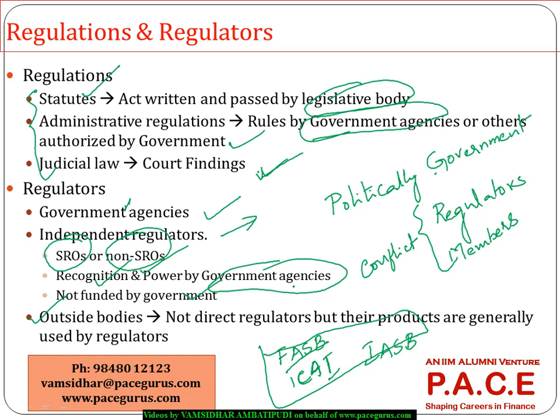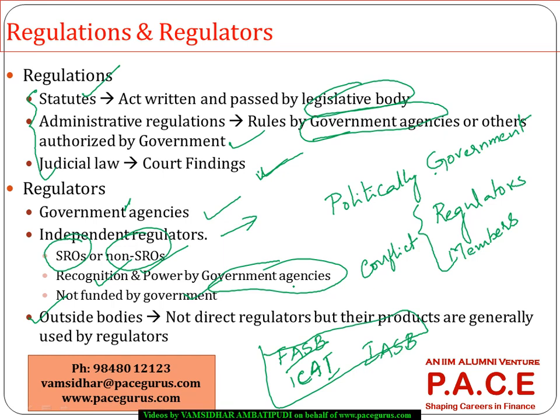Right? So the typical regulatory structure may contain some government agencies or independent regulators or outside bodies. If there are outside bodies, they just help the regulators in taking decisions by designing some policies. So they may get into the policy making aspect, but they don't regulate the scenarios.